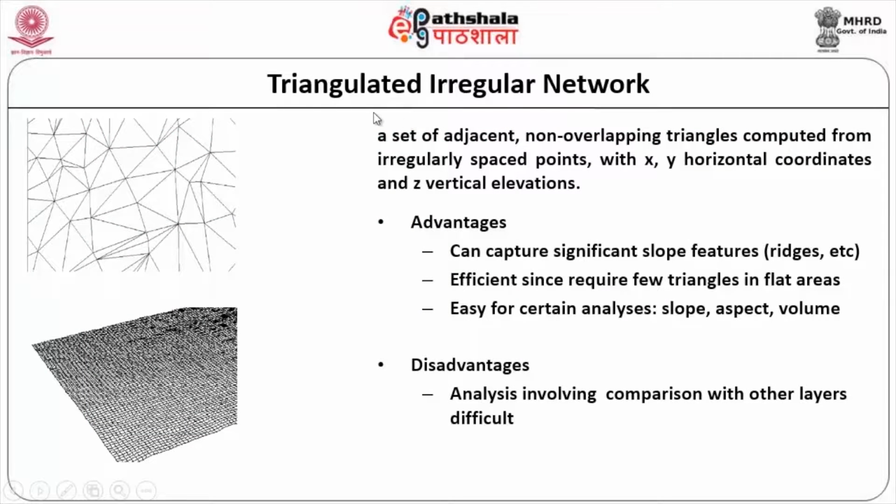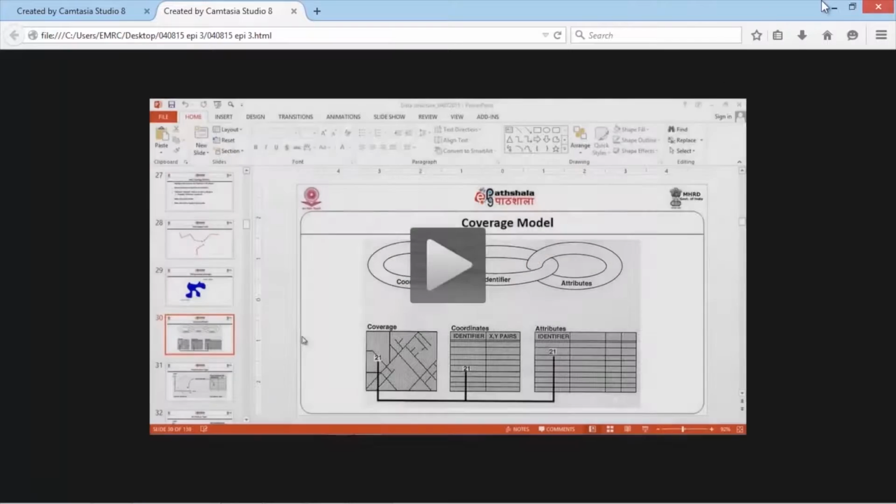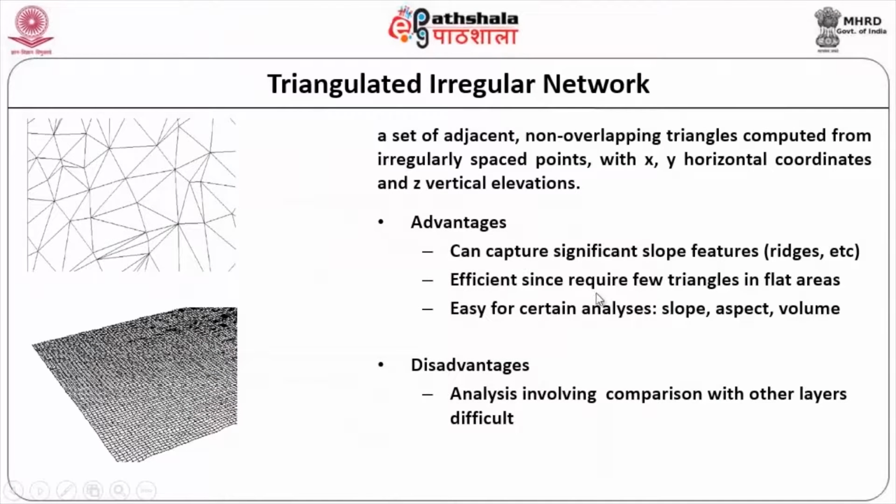Obviously, x and y horizontal coordinates, and the most important, the z vertical elevation. For every triangle you will have x and y and also its z values. What are the major advantages? It can capture the slope factor, the aspect factor, especially in hilly terrains which are inaccessible in nature.